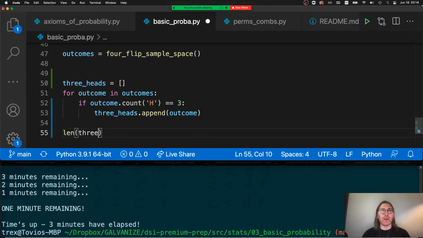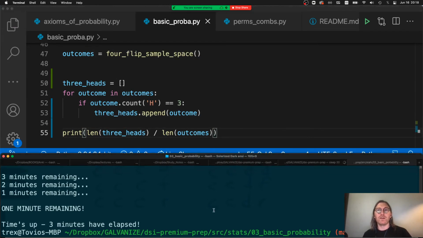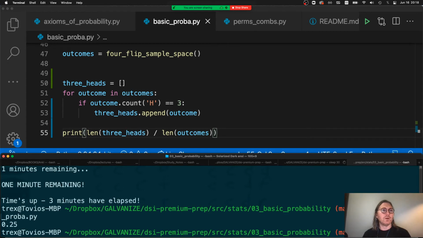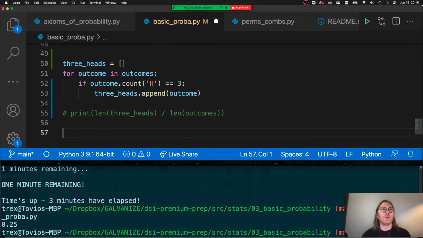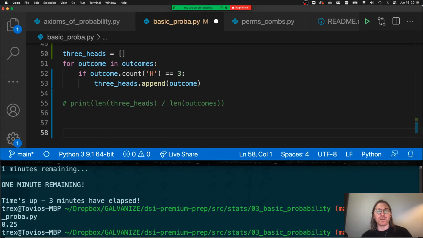The length of 3 heads over the cardinality of our outcomes, the cardinality of A over cardinality of S, however we want to think about that. So let's just verify that I'm not egregiously wrong. It's 0.25, right? It's 4 out of 16, or 1 out of 4. That's a fairly easy one.